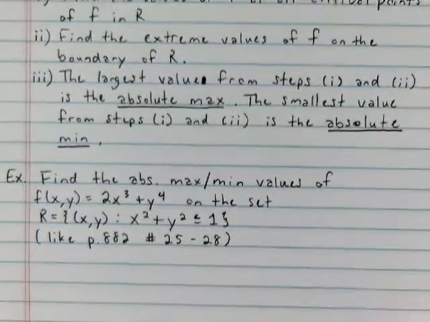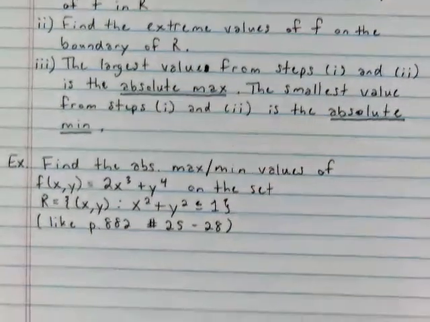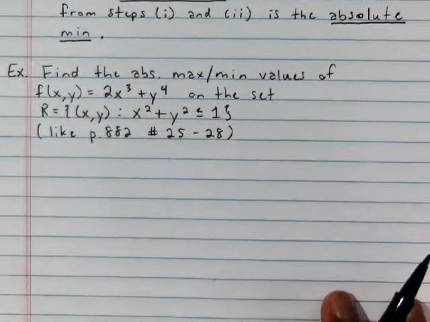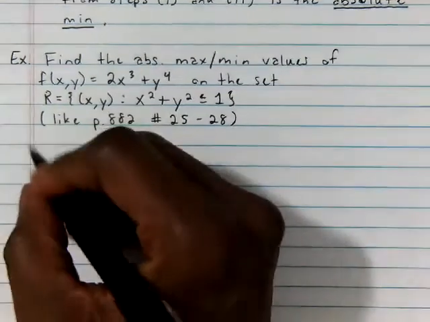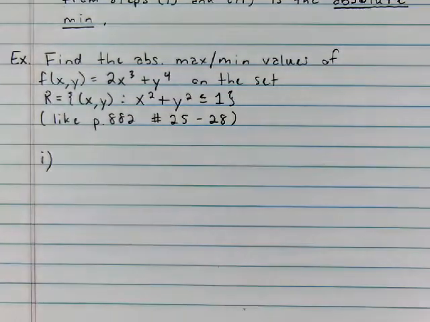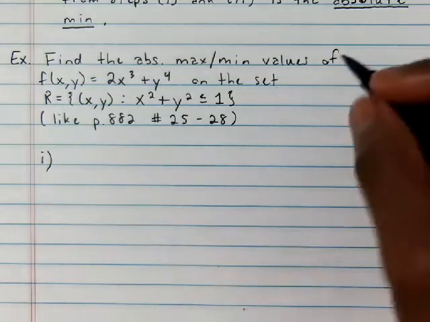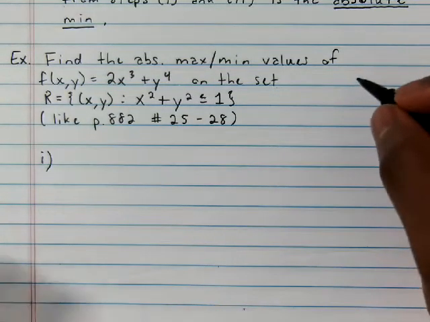All right, so now we're going to go through these 3 steps to find the absolute max and min. So first, step 1, we have to find the critical points that are in this region. And actually, let's just sketch the region over here.